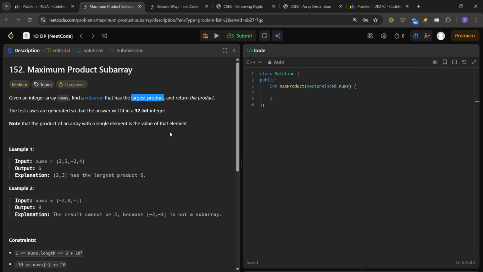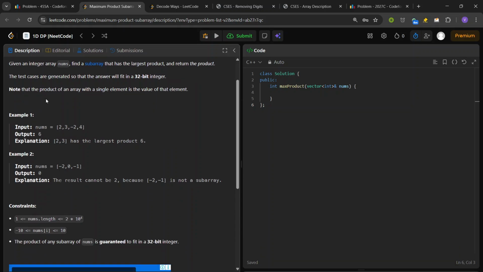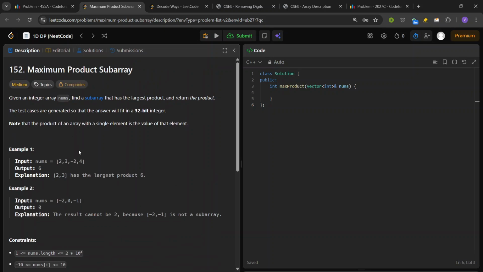Just think for a second because there are also the negative elements. Okay, so just please think because this is a nice question.